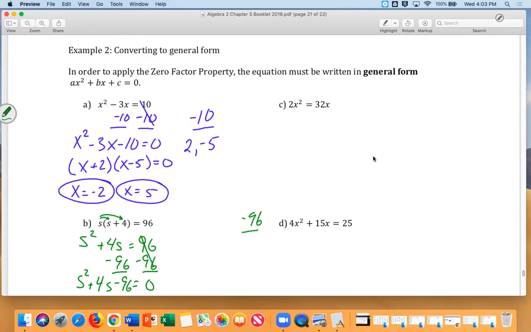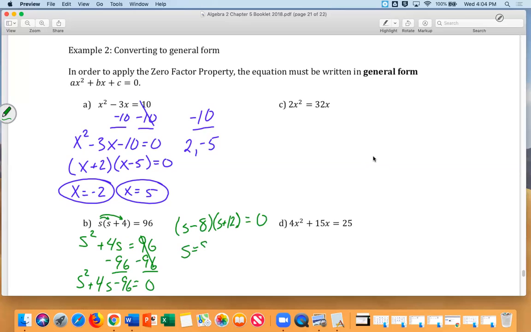We need it to be positive, so I'm going to do -8 and 12. Sometimes you're not going to get it on the first try, but you can always write out your factor list. Now I'm going to do s minus 8 times s plus 12, and that equals 0. Let me get rid of that now that we don't need it.